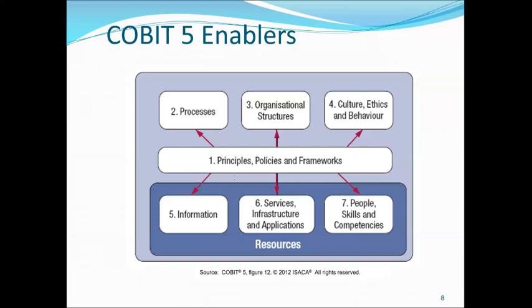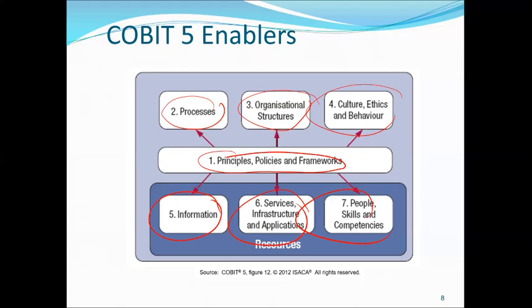So the principles, policies, and frameworks, these are the enablers. So principles, policies and frameworks enable the processes, organizational structure, culture, and ethical behavior, and also information, service infrastructure, application, and people skills and competency. These are the enablers.